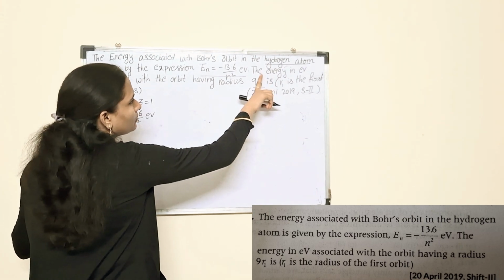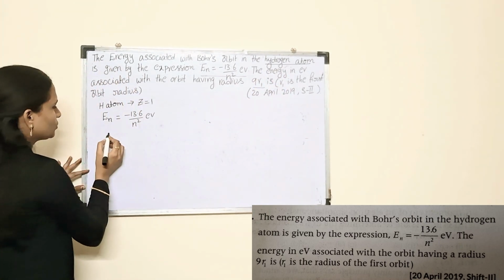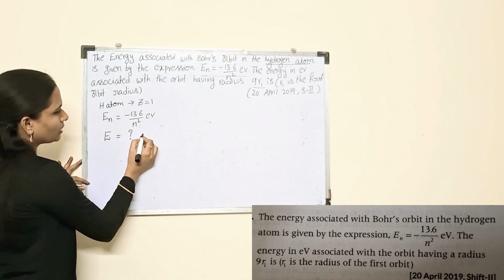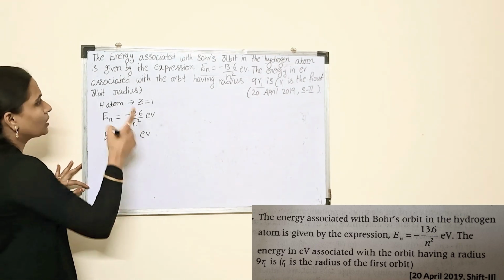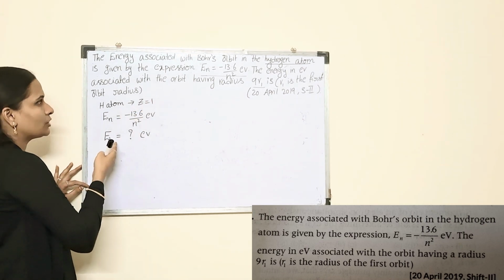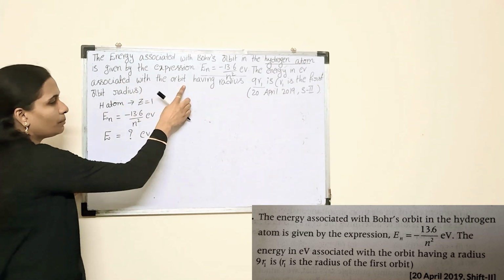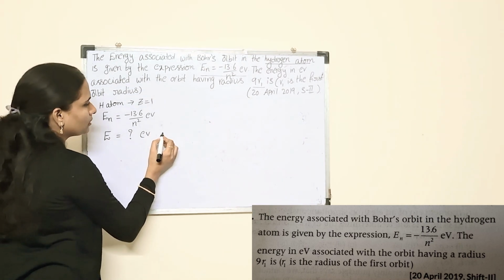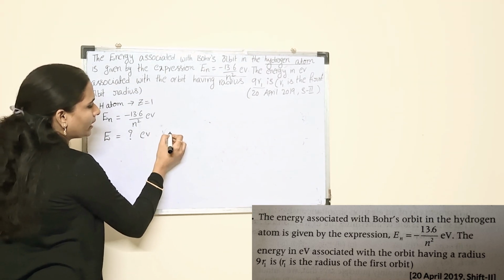They are asking the energy, in units of electron volts, associated with the orbit having radius 9r1.